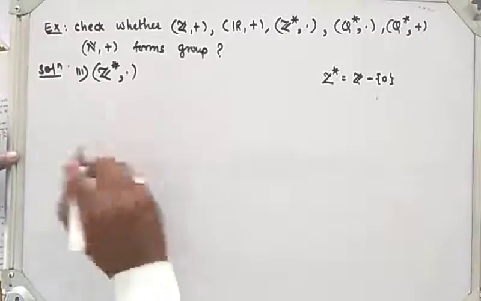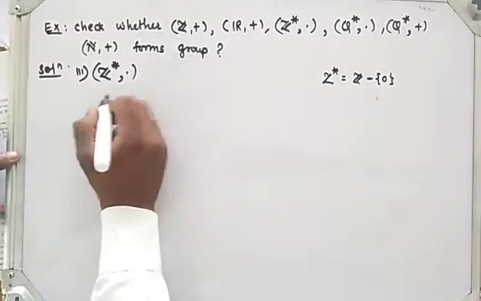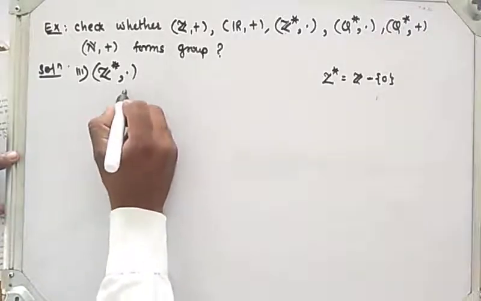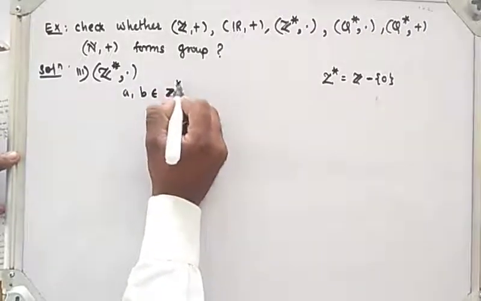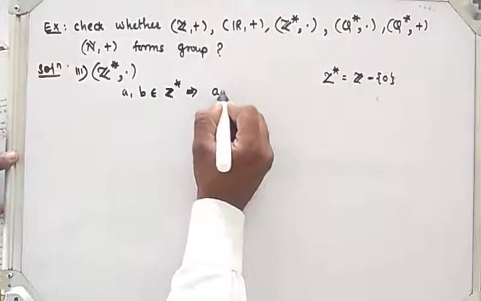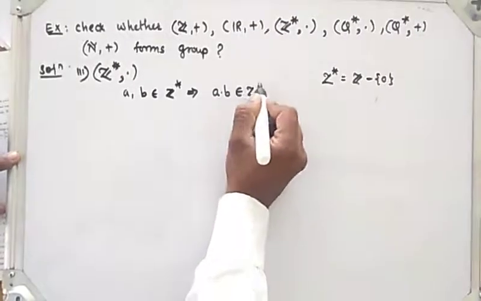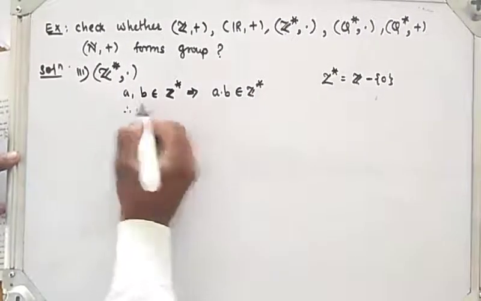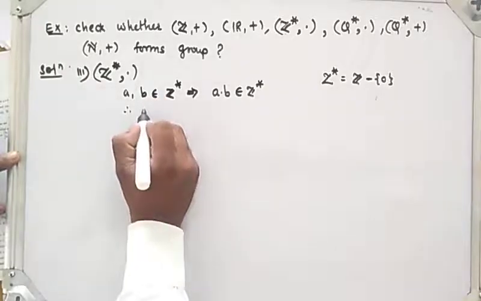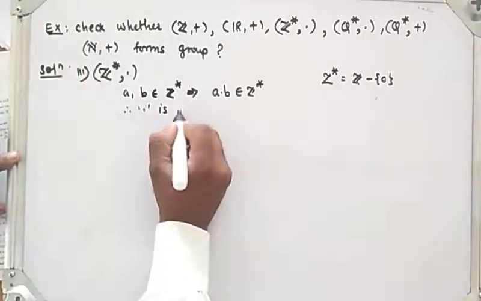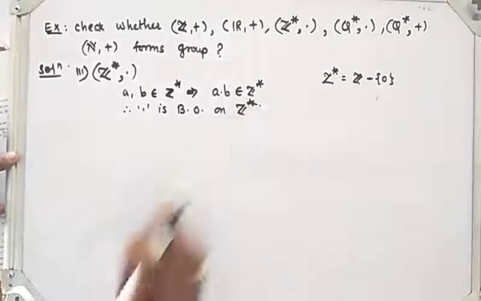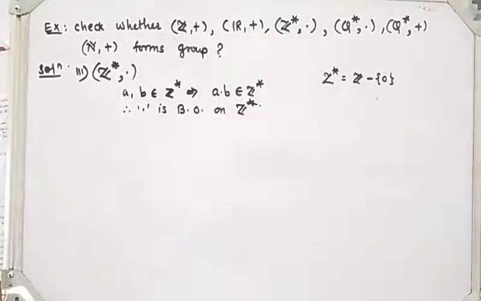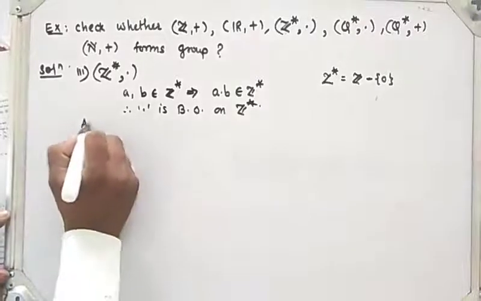If I take a, b belonging to Z star, then their product a into b also belongs to Z star. Therefore multiplication is a binary operation on Z star. So the first property is satisfied. Now the second property, associativity.